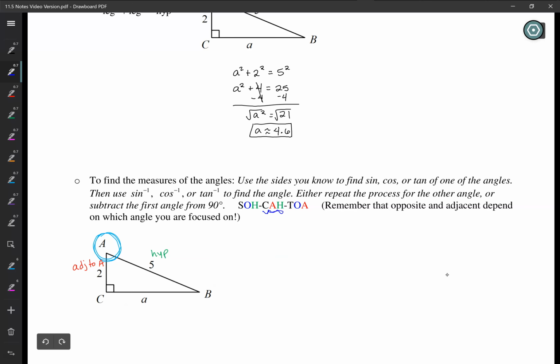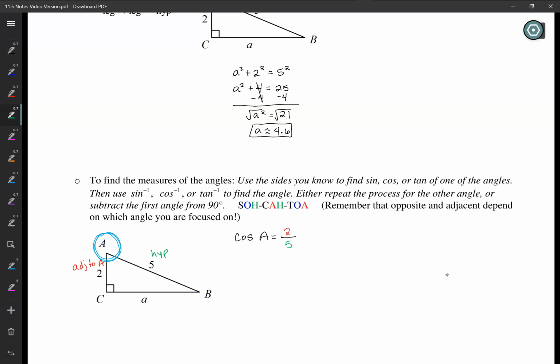Adjacent and hypotenuse, cosine. I know that the cosine of angle A is 2 adjacent over 5 hypotenuse.